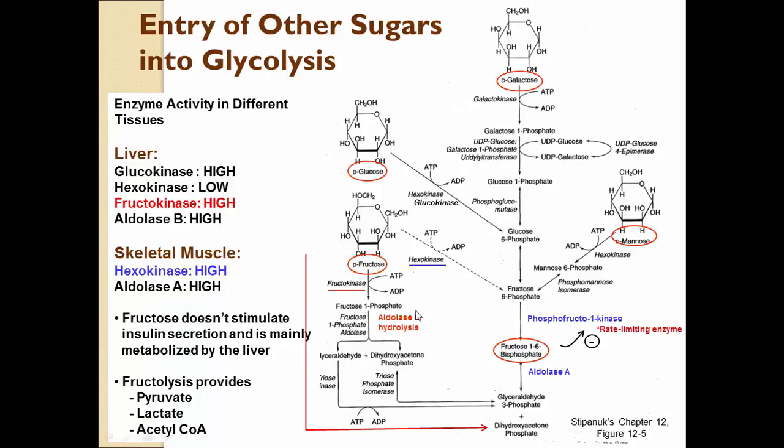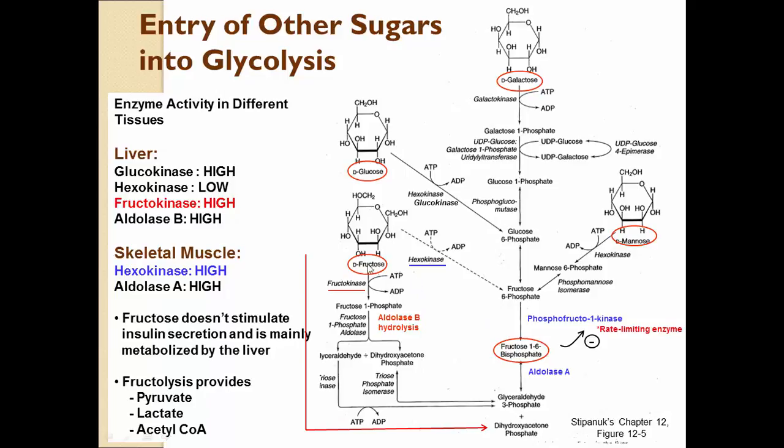An important thing is that fructose metabolism bypasses these key reactions. Remember the two key reactions here, glucokinase or hexokinase, and the fructose 1 kinase.